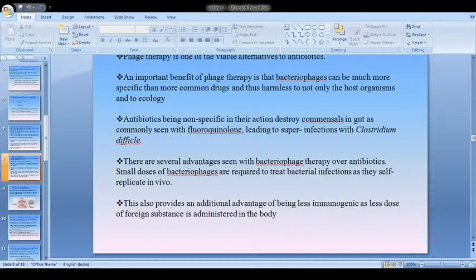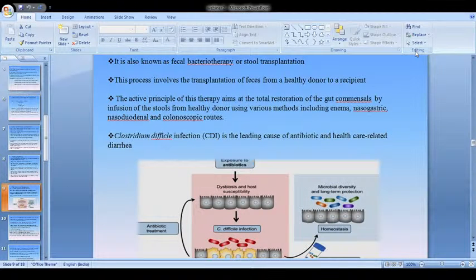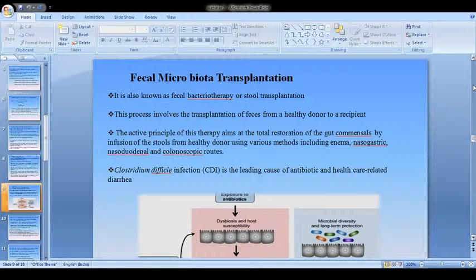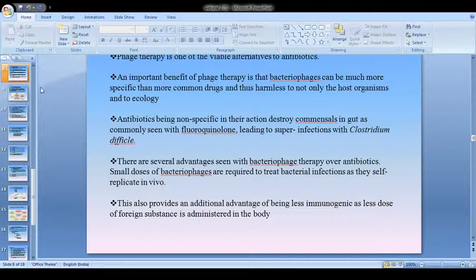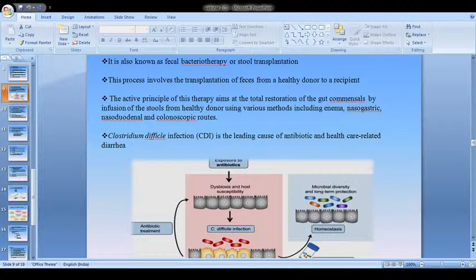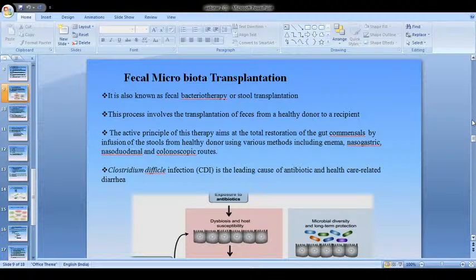The next one is the fecal microbiota transplantation. It is also known as fecal bacteriotherapy or stool transplantation. This FMT process involves the transplantation of feces from a healthy donor to a recipient, from a healthy donor to a poor recipient, or a healthy donor to a healthy recipient also.